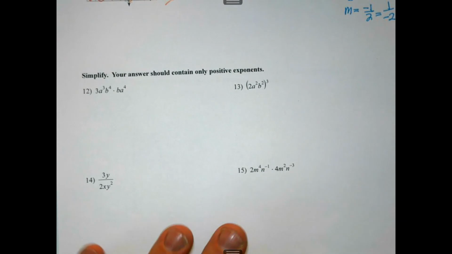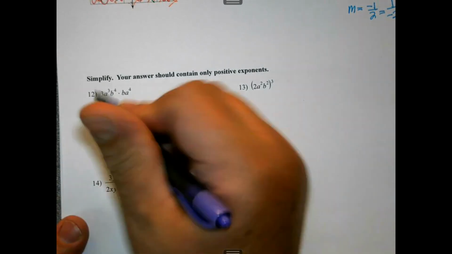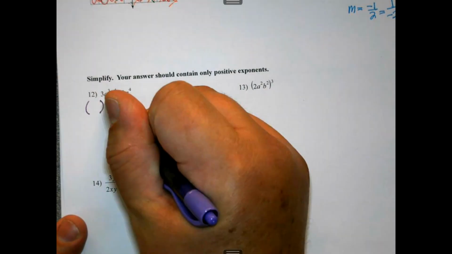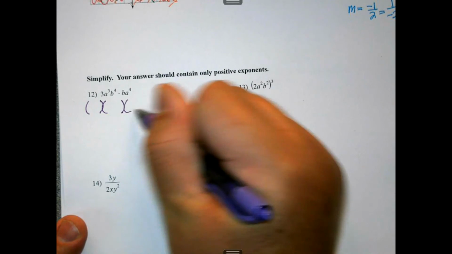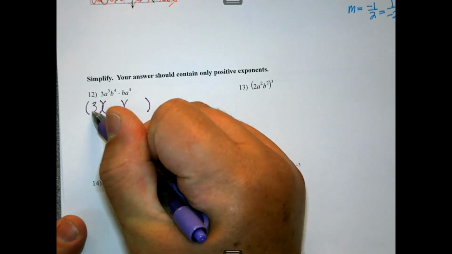All right, let's get through these a little quick. Number 12, I'm going to group the numbers. I have A's and then I have B's. The numbers, I just have the number 3.